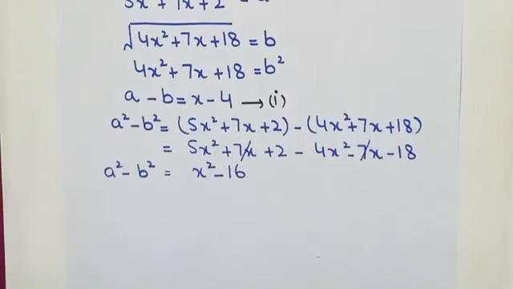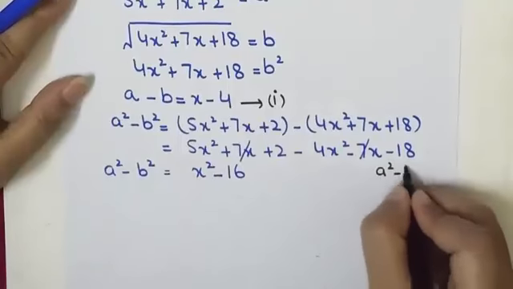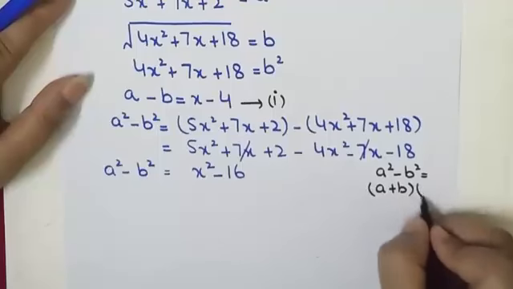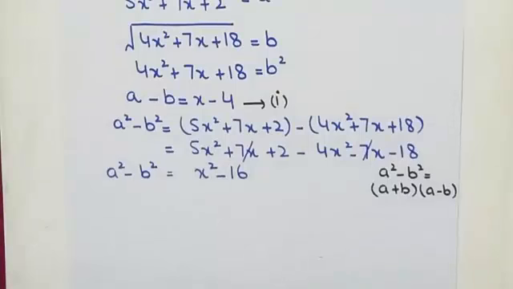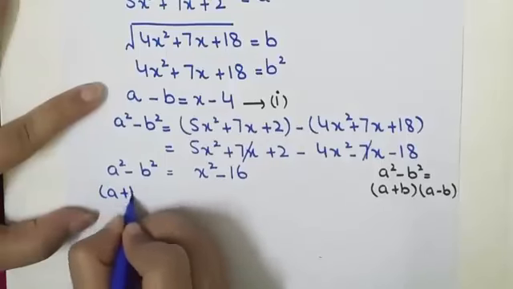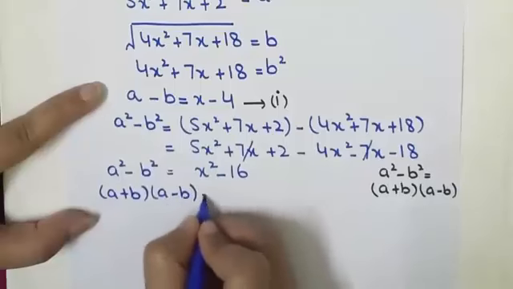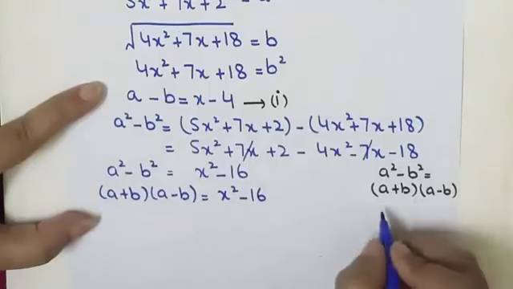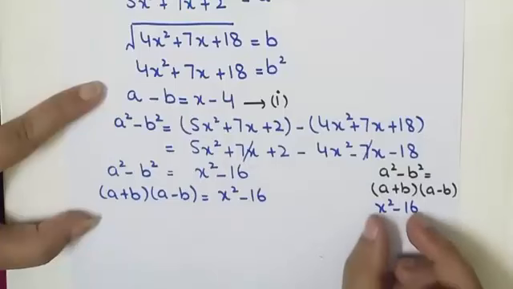Now as we know, a square minus b square is equal to a plus b into a minus b. So we can write a plus b into a minus b instead of this combined form, and this is equal to x square minus 16. X square minus 16 is the same formula.